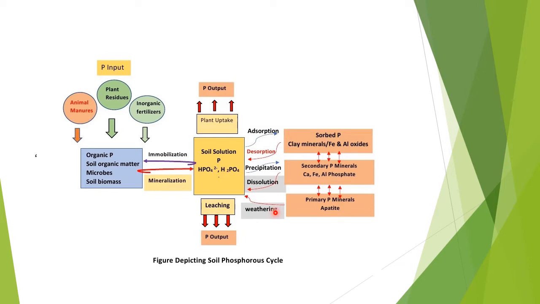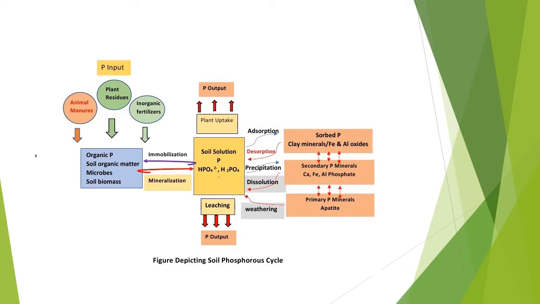These phosphates can also remain as deposits, called primary phosphate minerals, apatite, and under certain circumstances can undergo weathering and be released back to the phosphate pool, in the form of soil solution.